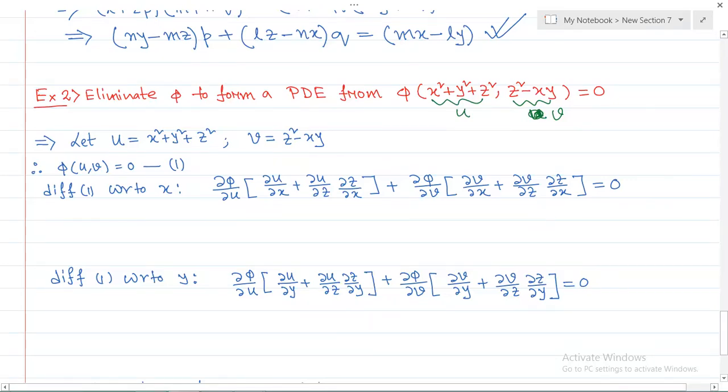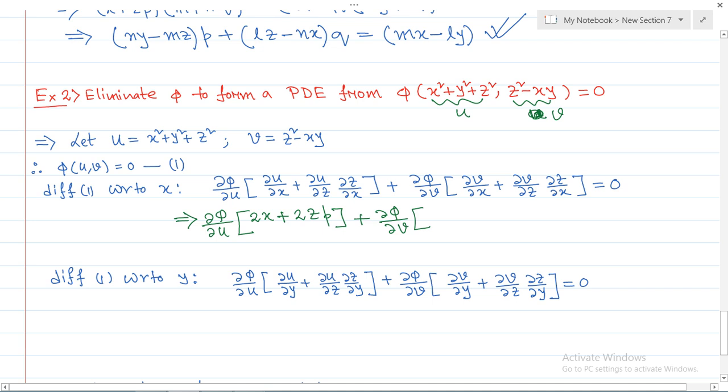That is equation 1. Now differentiating equation 1 with respect to x, same structure, same formulation. So del phi del u will be as it is, since I don't know about this function phi. Del u del x is going to be 2x, plus del u del z is going to be 2z, p, plus del phi del v will be as it is, del v del x.